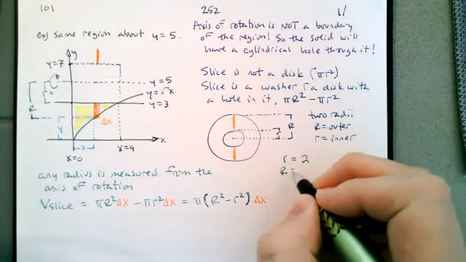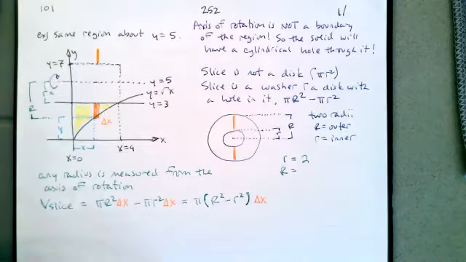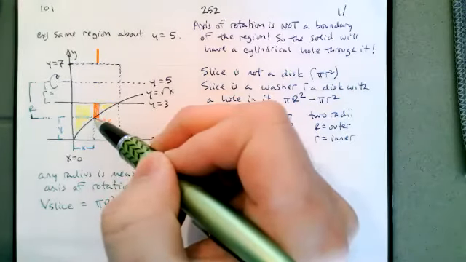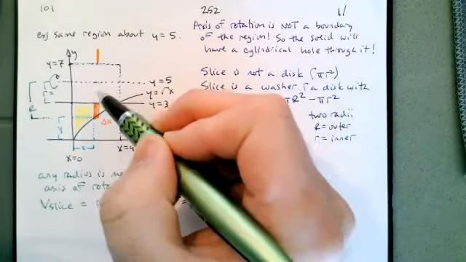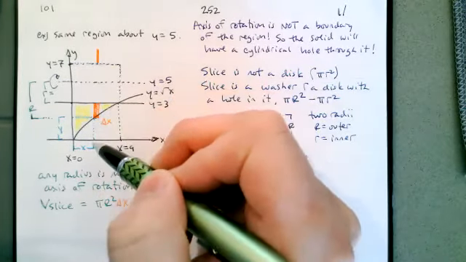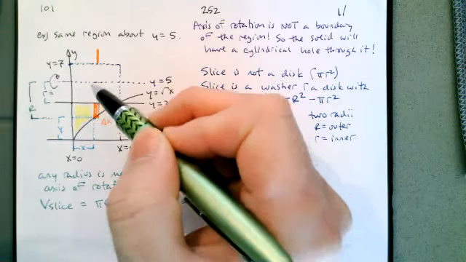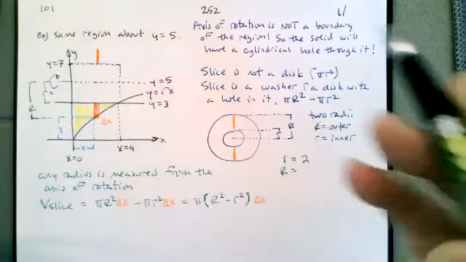The big R is measured from the axis of rotation to this point on the function. The axis of rotation to the x-axis is 5. The distance from the x-axis to the function is y. So big R is 5 minus y.